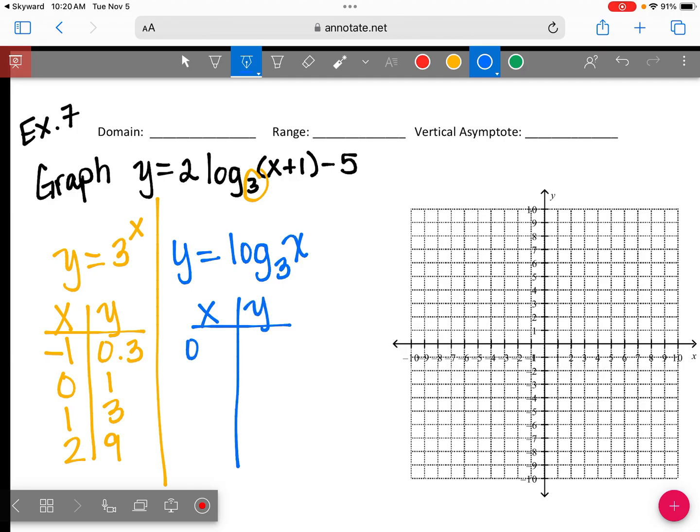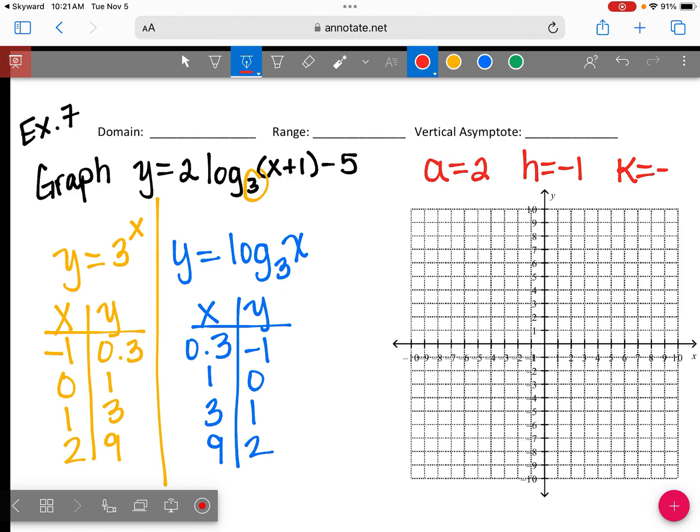So I'm going to put all of my y values over for x. And then the last thing we're going to do is apply our transformations. So our transformations are a is 2, h is -1, and k is -5. So I'll give you all a minute to do your transformations. We're adding the -1 all the way down.